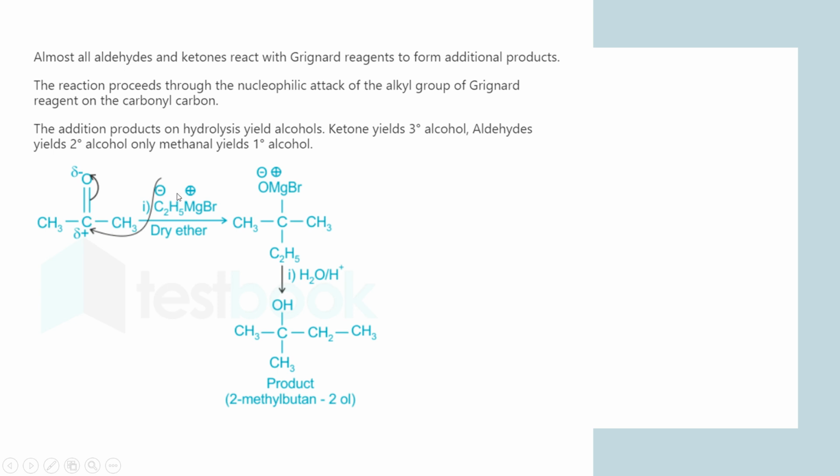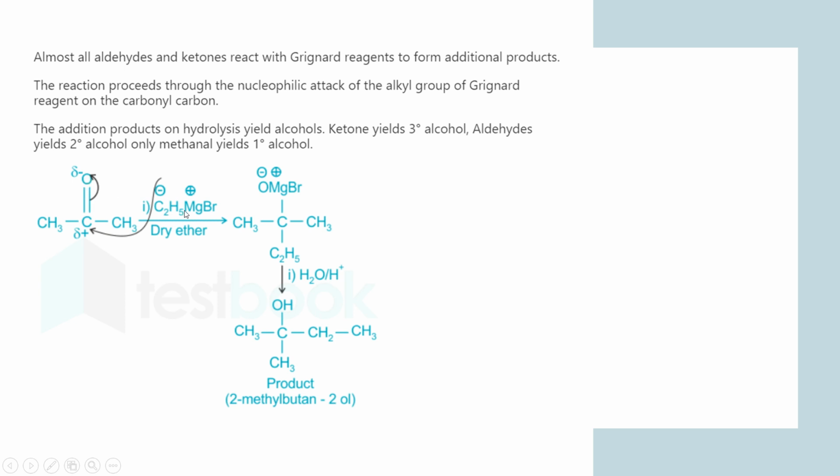Okay, so this minus charge, look at the arrow pushing here, the minus charge will attack at this carbon and push the electron pair shared between the carbon and oxygen of the carbonyl group towards the delta negative oxygen.